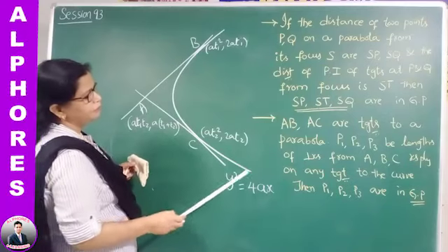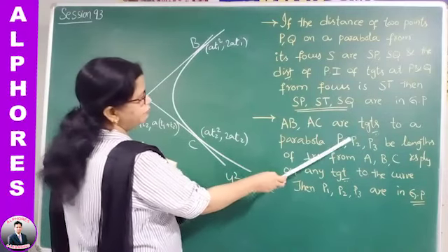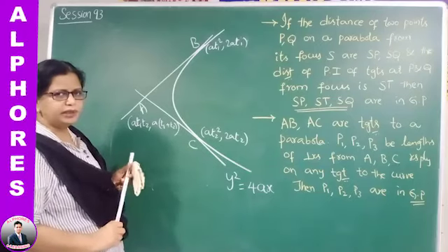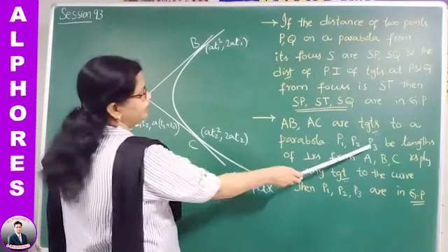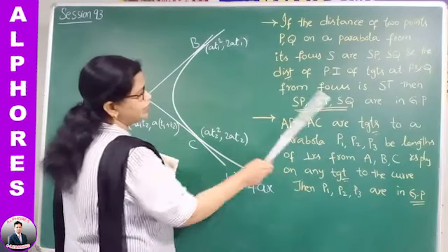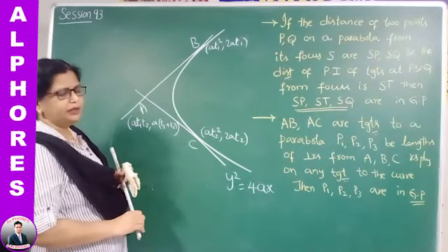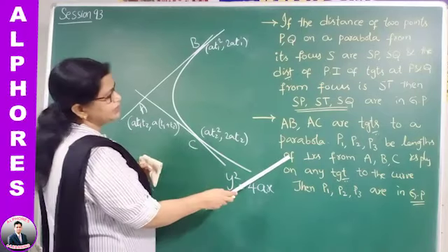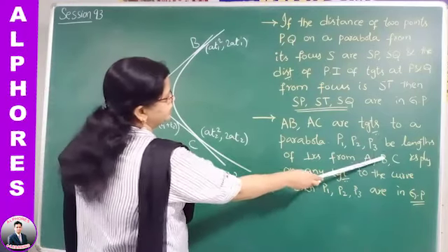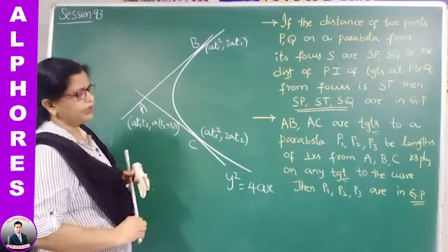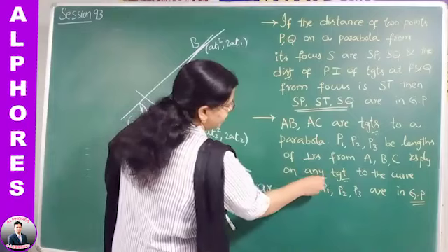Understand? And next, what is the other value given? P1, P2, P3 are lengths of perpendiculars drawn from A, B, C respectively on any tangent to the curve. Understand, students, they said on any tangent.